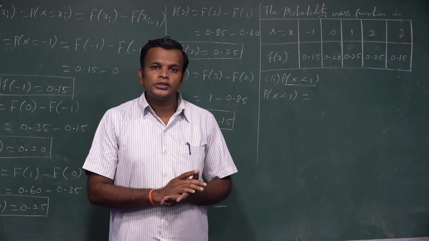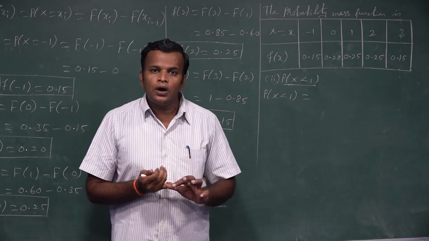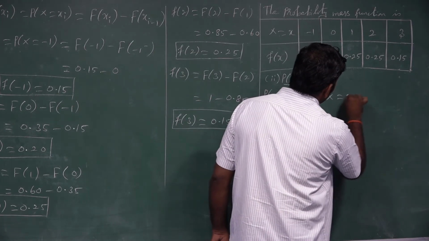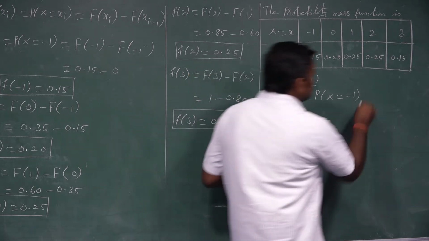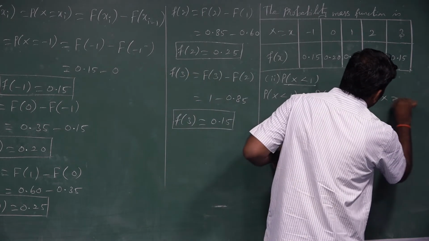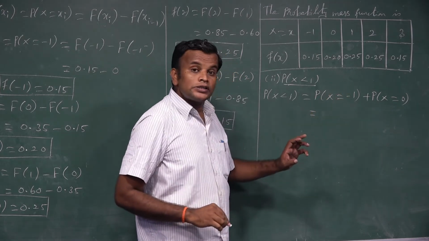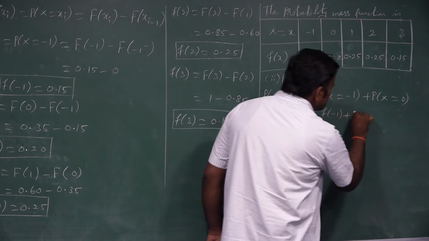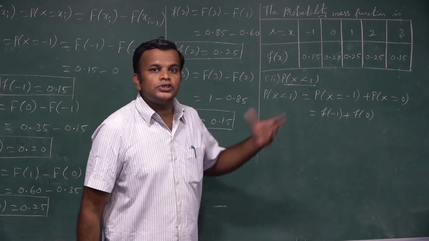Here less than 1 means two values are possible: either 0 or minus 1. So P of x equal to minus 1 plus P of x is equal to 0. P of x is equal to minus 1 is nothing but f of minus 1, plus P of x is equal to 0 is nothing but f of 0.